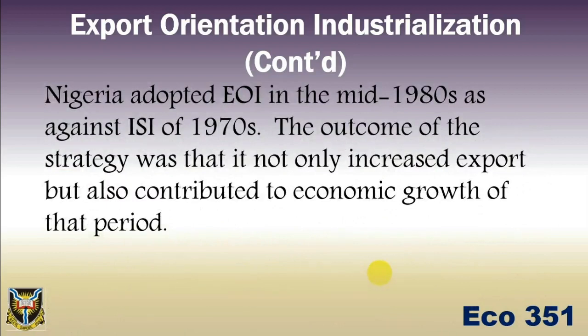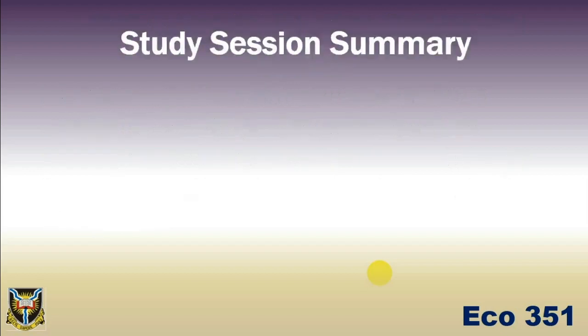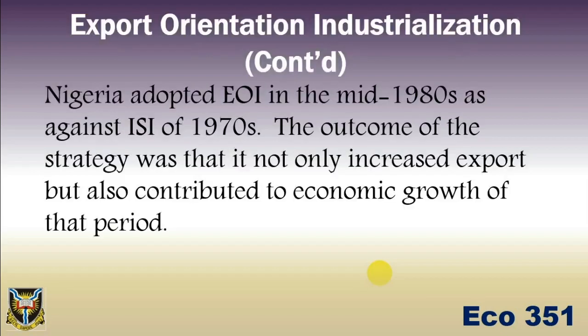The outcome of the strategy was that it did not only increase export but also contributed to economic growth of the period. However, it must be noted that export orientation industrialization is not without flaws. Besides, the high-performance Asian economies have also adopted import substitution industrialization at the beginning of their economic transition.